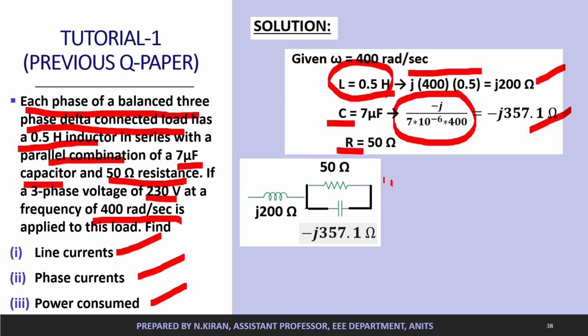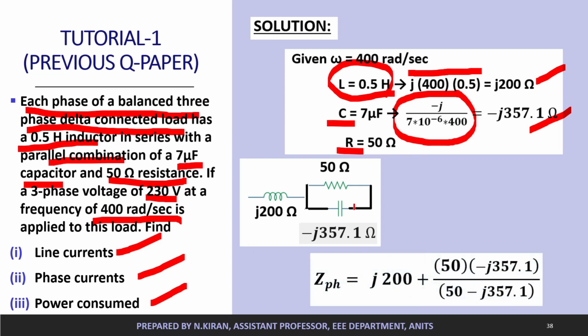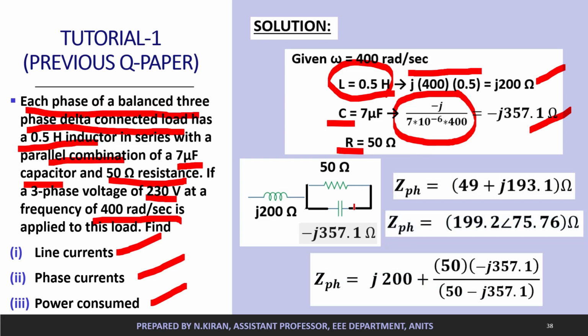These two are in parallel. On simplification, I'll get the value of impedance to be 49 plus j193.1 ohms. I convert it into polar form, which will give me 199.2 at an angle 75.76 degrees ohms. So I obtain the value of phase impedance.